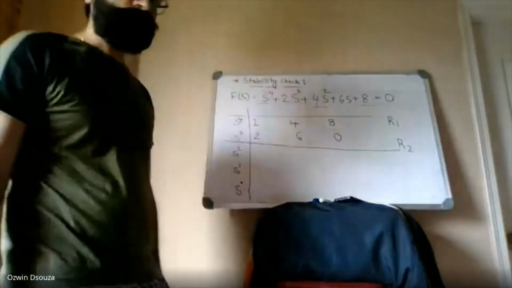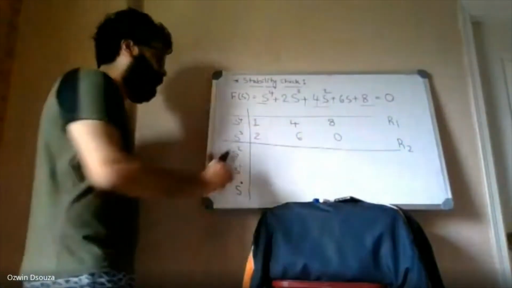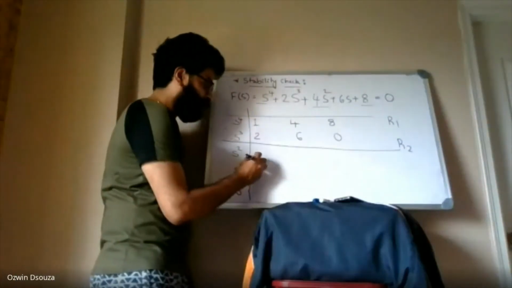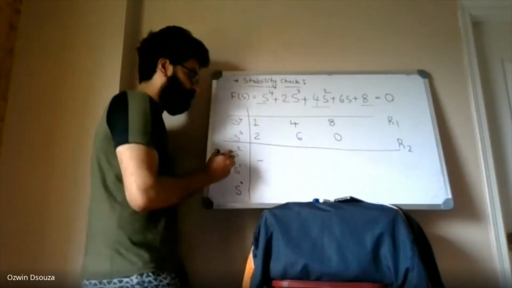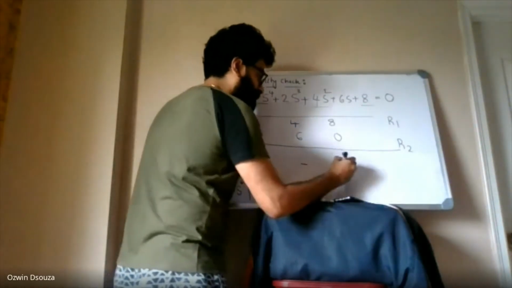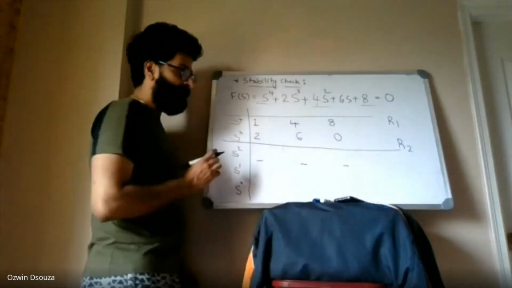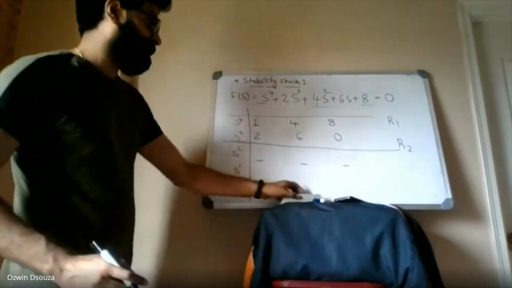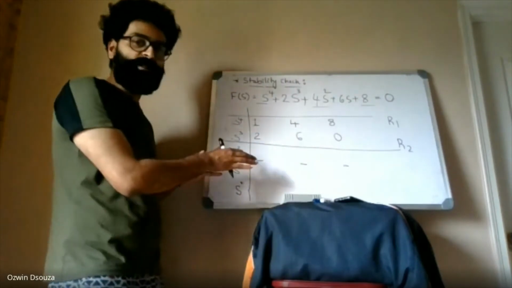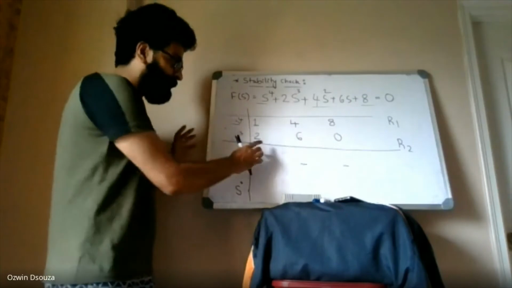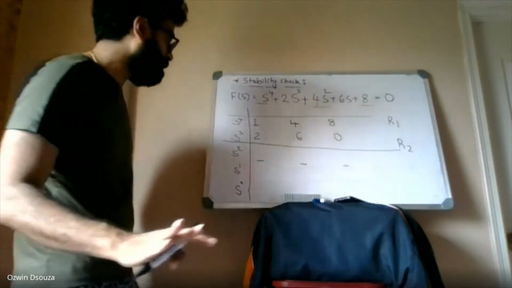All right, fine. Once this is done, you can start finding out the elements of the s square row. How will you find them out? Since there is no space here, first I will write down the equation and then simplify, and then I will replace that equation with the coefficients.